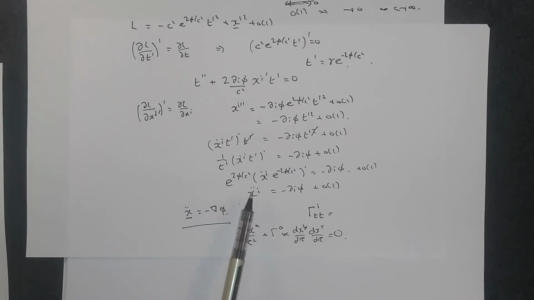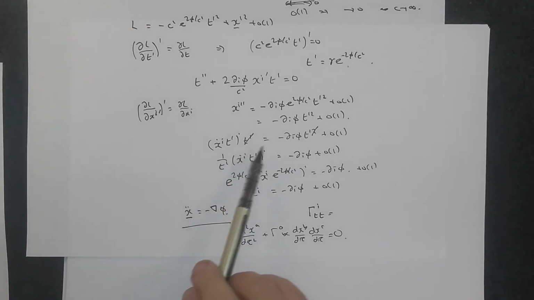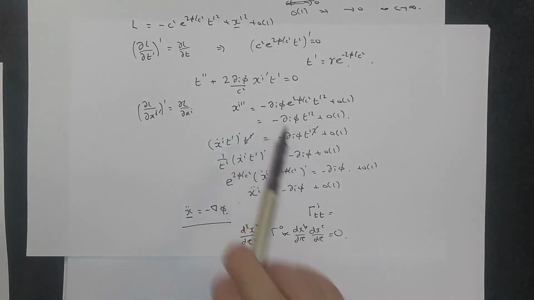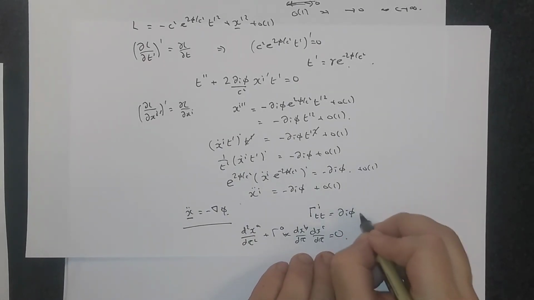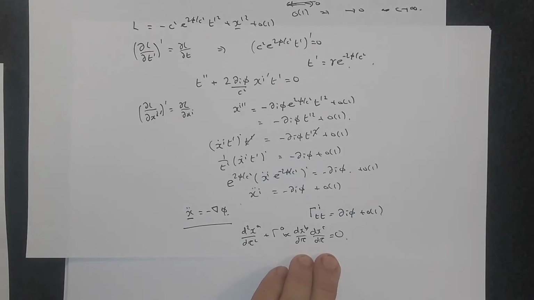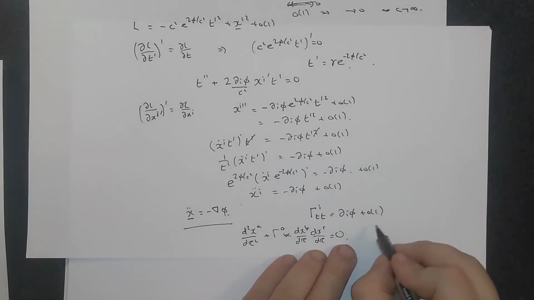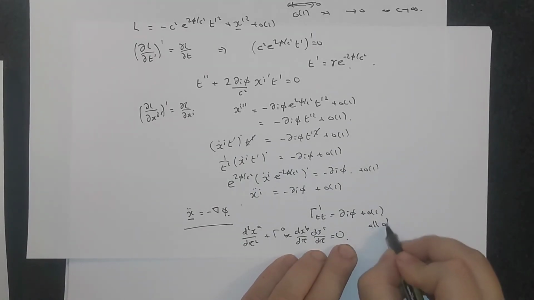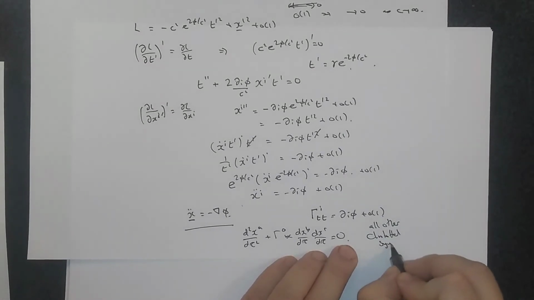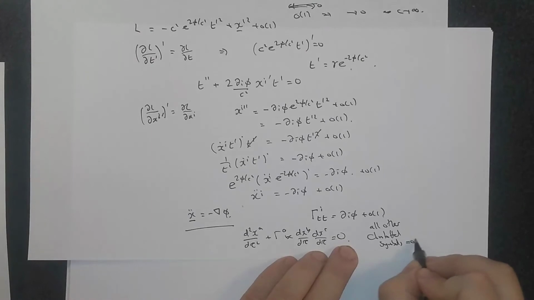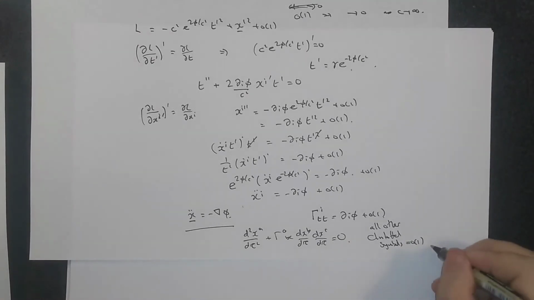So if we go back to this equation here, you can see that Gamma^i_tt is di phi plus little o(1). All the other Christoffel symbols are little o(1).